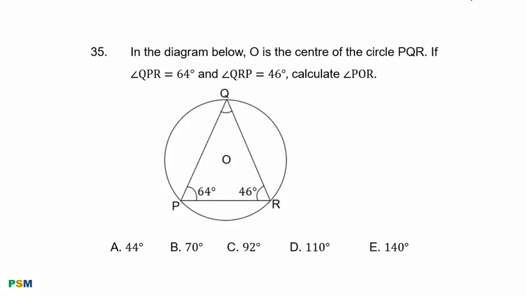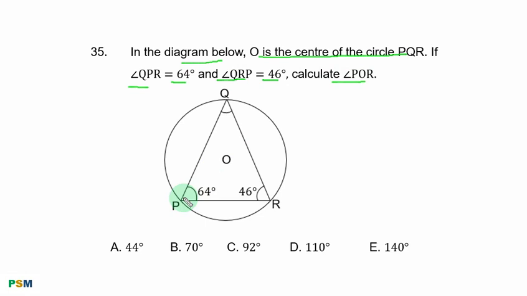Question 35. In the diagram below, O is the center of the circle PQRO. If angle QPRO equal to 64 degrees and angle QROP equal to 46 degrees, calculate angle PORO, the angle at center.